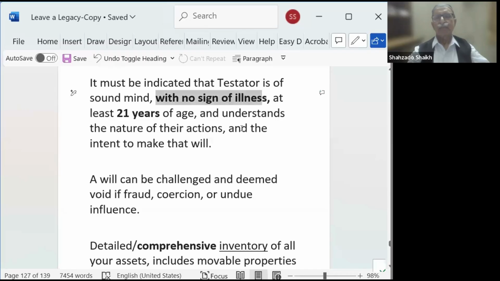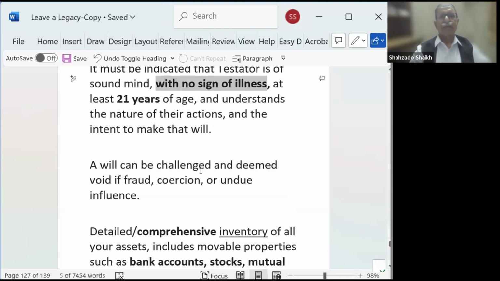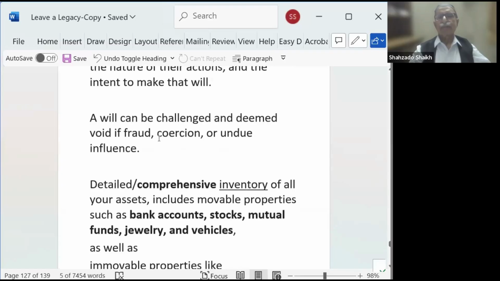If the person dies within 1 year after making the will, they somehow bring it to the court that the person died within 1 year, and that he had written that will during the state of Hazar al-Maut. So you have to be very careful about these things. And then they also bring these cases, right or wrong, on the charges of fraud or undue influence.